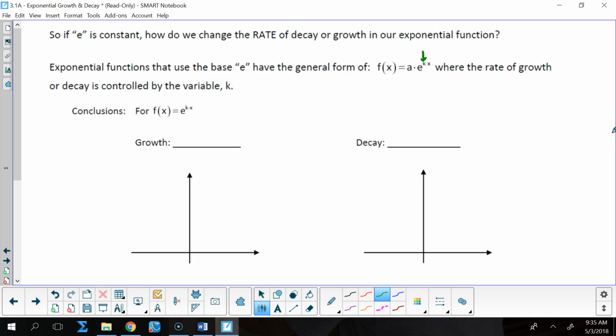In exponential functions base e, I should say, to speak proper math, it's an exponential growth problem if k is positive. So if k is positive, it is going to grow.